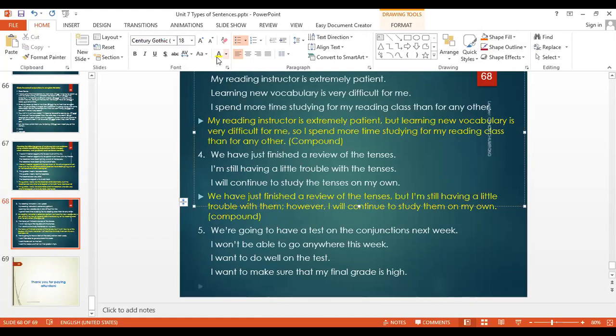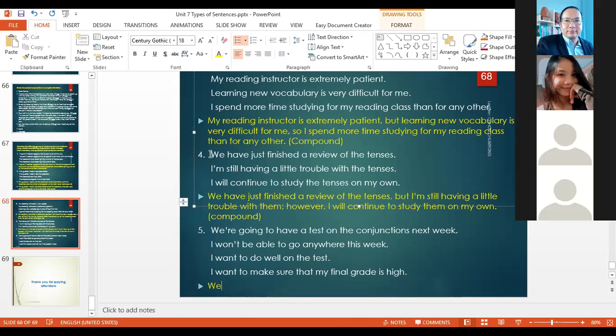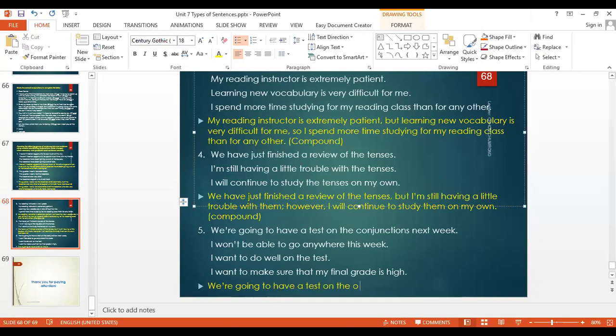Okay. We are going to have a test on the conjunctions next week. So I won't be able to go anywhere this week. For I want to do well on this test and make sure that my final grade is high. Okay. Conjunction next week. So, right?